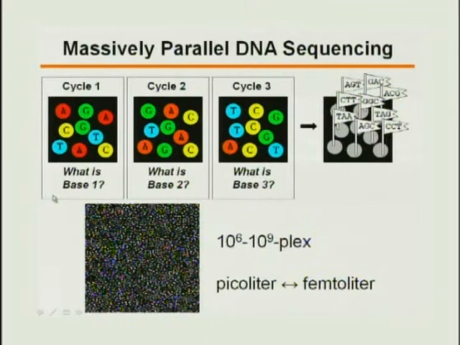But in practice, one can potentially fit millions to billions of independent DNA sequencing features on a relatively small array. So here, I'm showing about 1/10,000th of the area of a microscope slide. And you can theoretically pack as many as 2 billion beads or sequencing features onto the surface of a standard microscope slide.